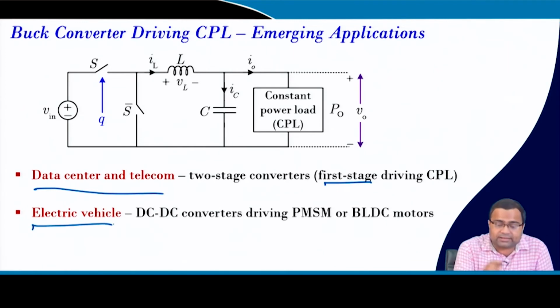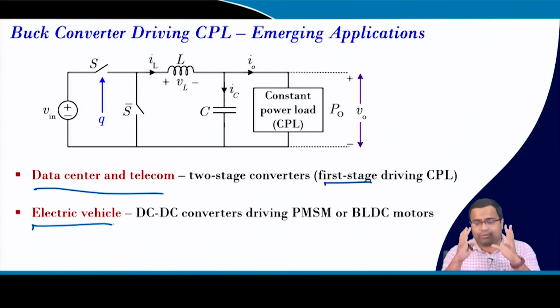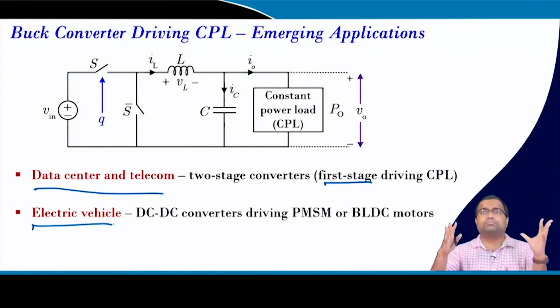Similarly, in an electric vehicle, consider the DC-DC converter used for the drivetrain, which is connected to the battery and whose output is connected to, let us say, a BLDC motor drive or a permanent magnet synchronous motor drive, where the driver is driving an actual inverter load, right. Now, when the car runs at constant speed, it is a constant power load.